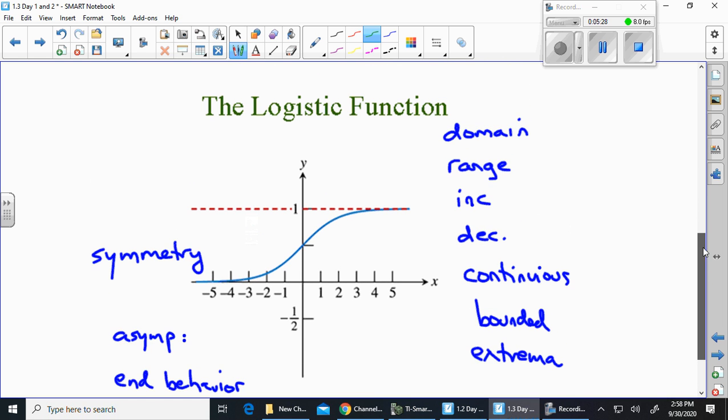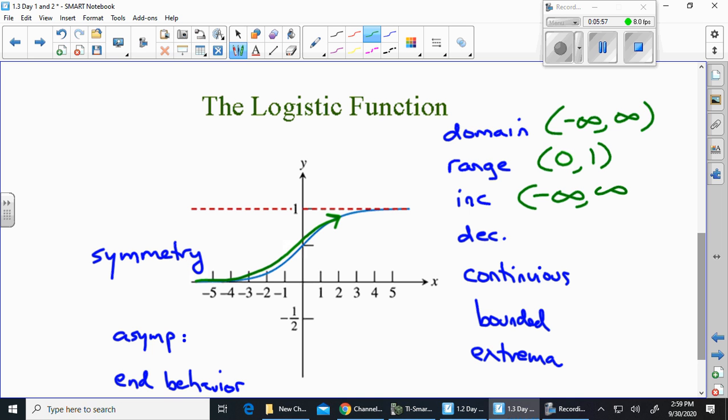You could also look at the graph. Domain is all x's. Range, well, where are your y's? Your y's are between 0 and 1. Now people will say, why didn't you use a bracket? It's not hitting 1, it's got asymptotes. Increasing or decreasing, I look left to right. Left to right, that thing is increasing always, never decreases.